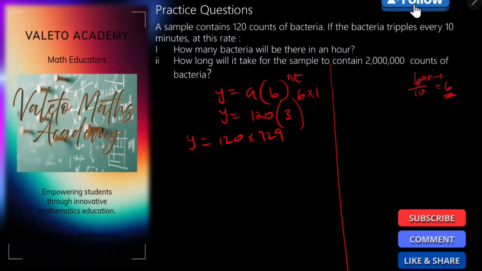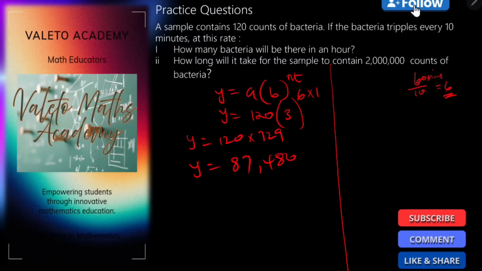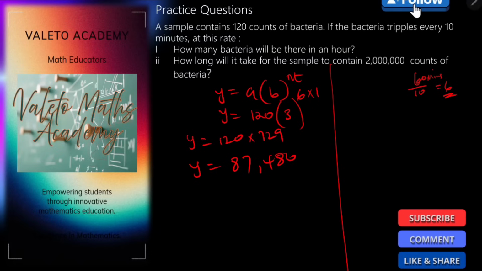Don't just assume I'm correct. So if everything is put into the calculator, we'll be having y is equal to 87,480. So we'll have 87,480 bacteria in the sample after 1 hour.